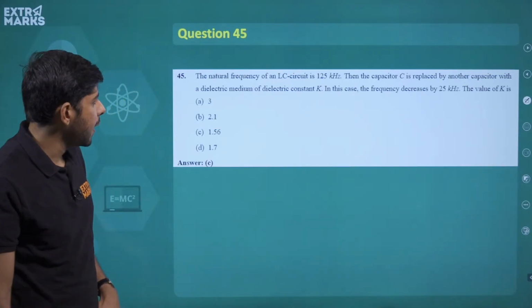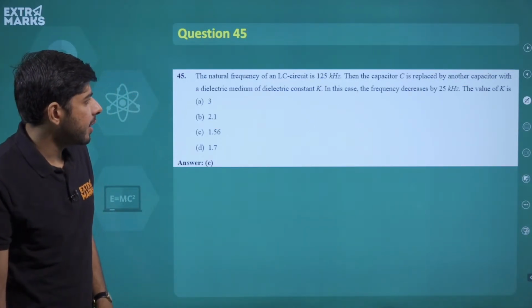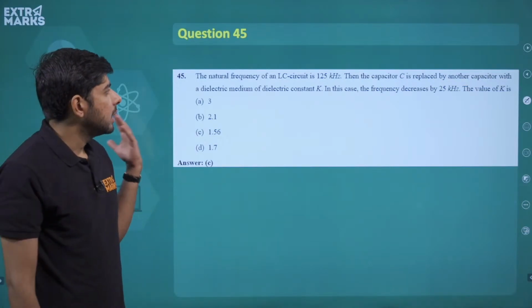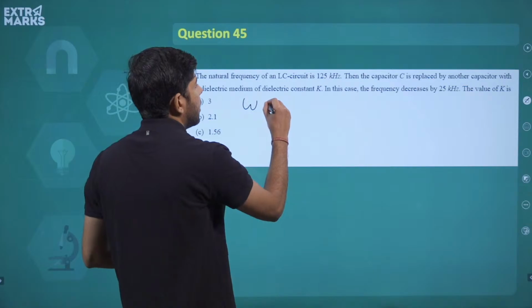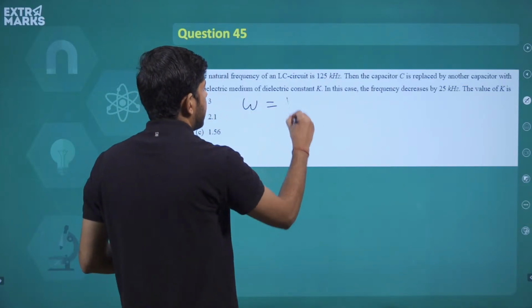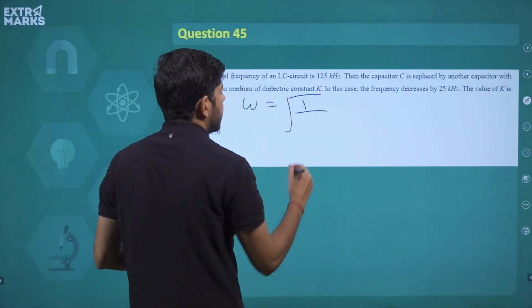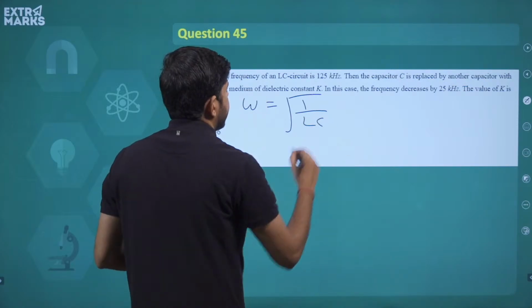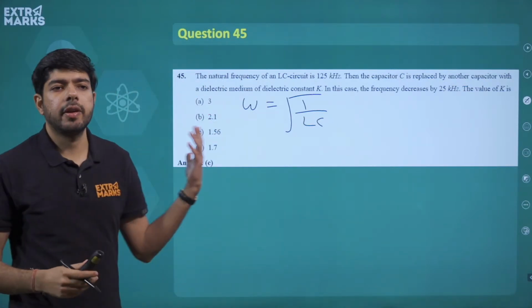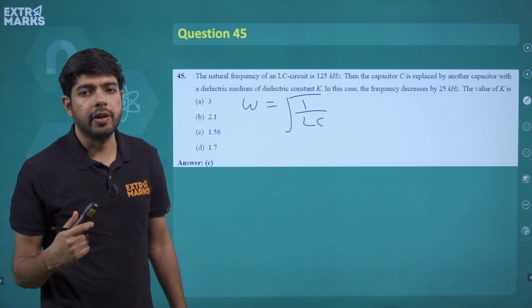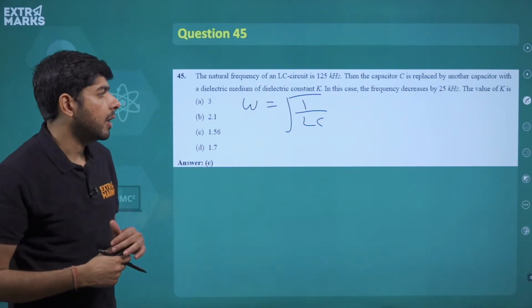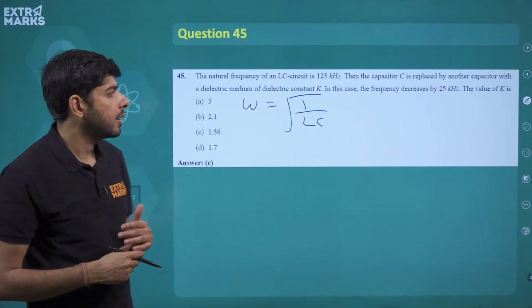Alright, next one, LC circuit. So they are talking about the frequency. So guys, what is the frequency? So remember this one, and what is the value of the frequency? 1 by root LC. That is important. That is your natural frequency. Okay, the resonance frequency of an RLC circuit.